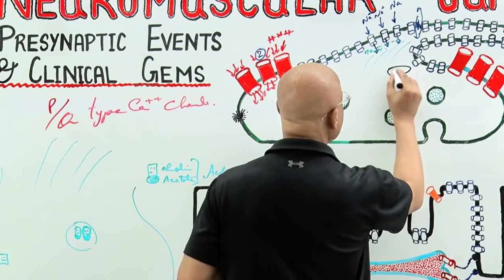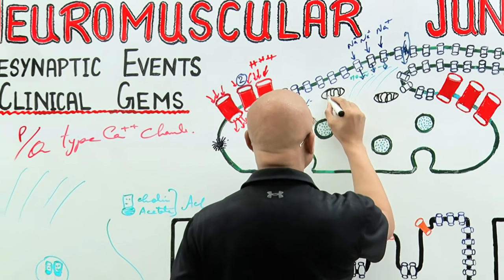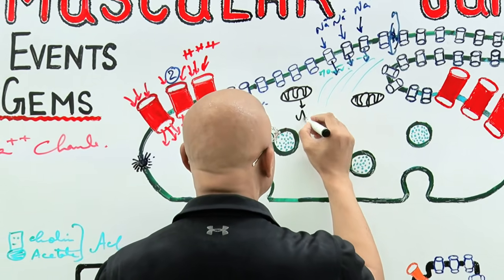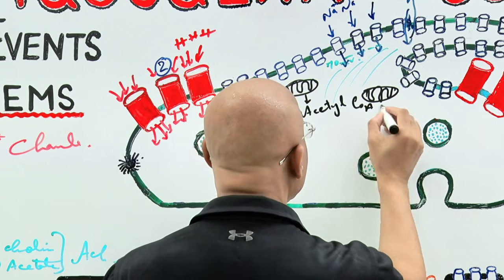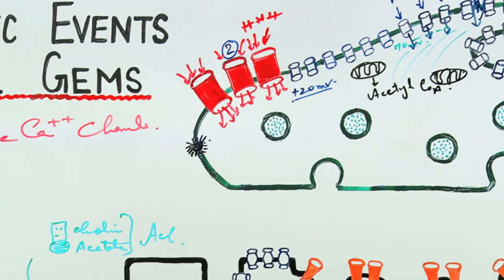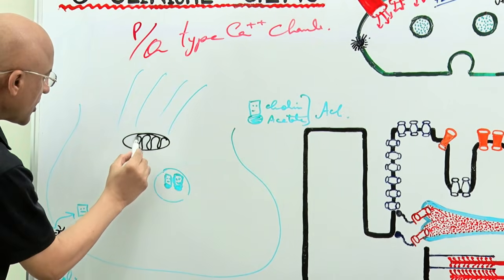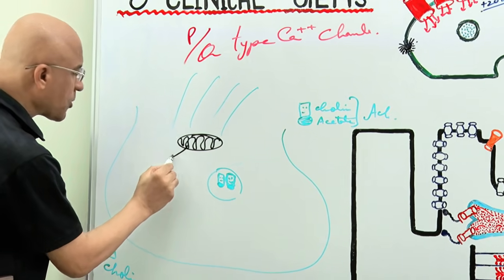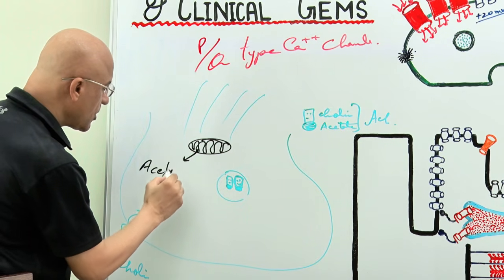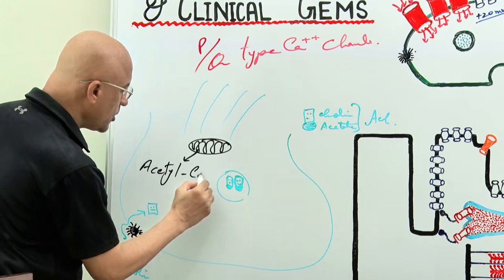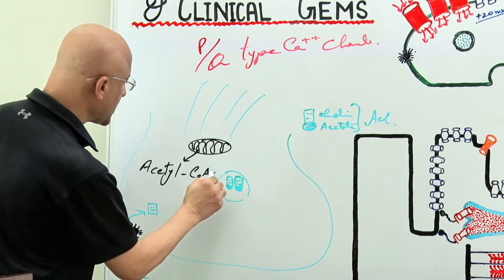Here are mitochondria, the powerhouses, right? And from metabolism, they are providing acetyl-CoA. Let's suppose acetyl-CoA, we show it like this.